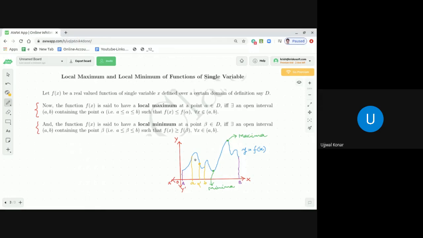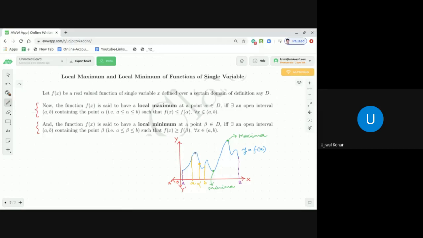Then in this open interval A to B, wherever the maxima and minima are, we call them local maxima and local minima. So what is the local maxima here, dear students? This is the local maxima. Let me mark it in a different color.